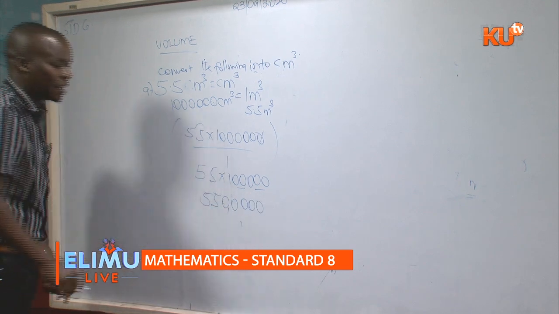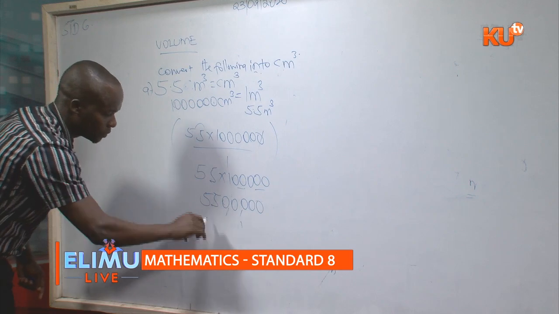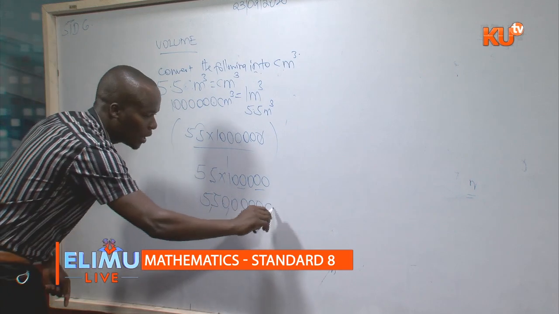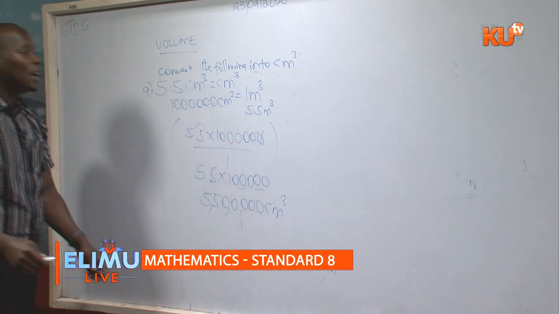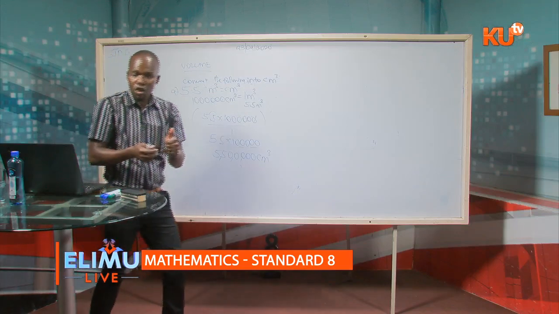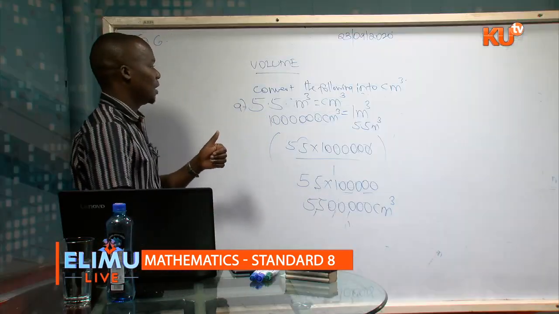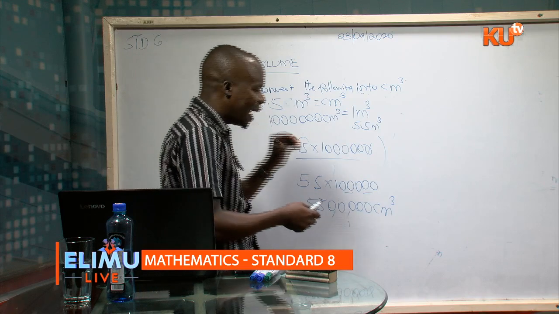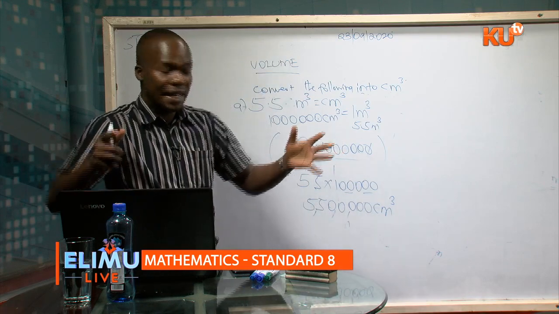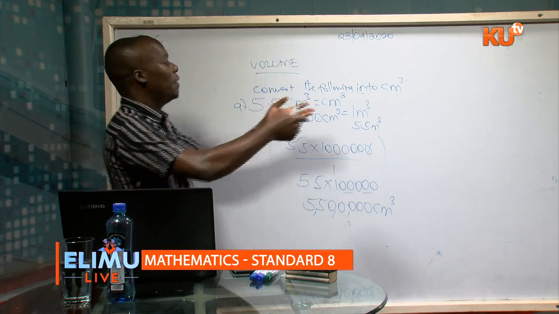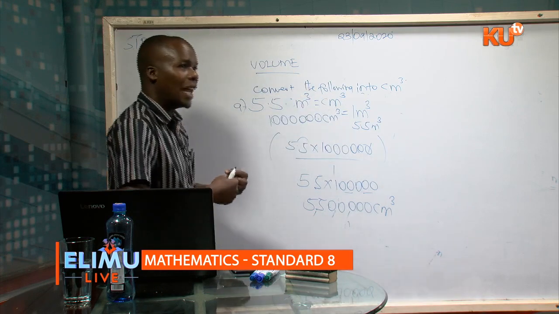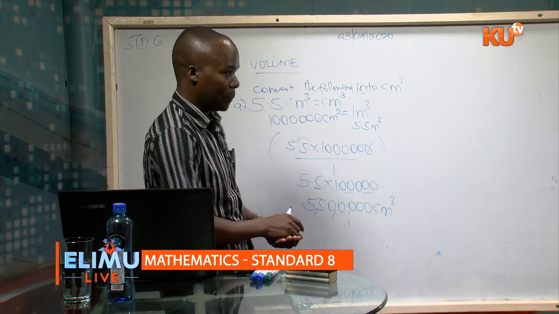So we'll have all that cubic centimeters. Remember, converting from cubic meters to cubic centimeters, we go from a smaller number to a larger digit. And from cubic centimeters to cubic meters, we go from large to smaller.